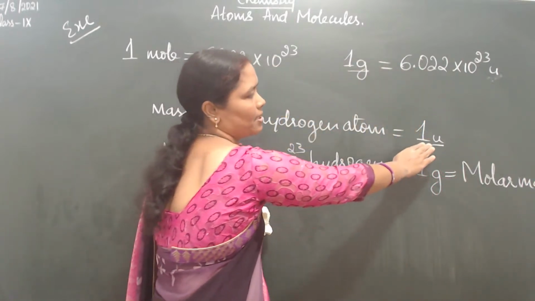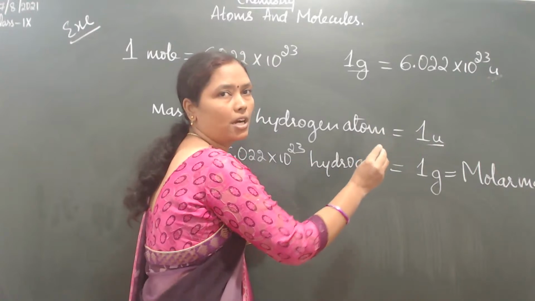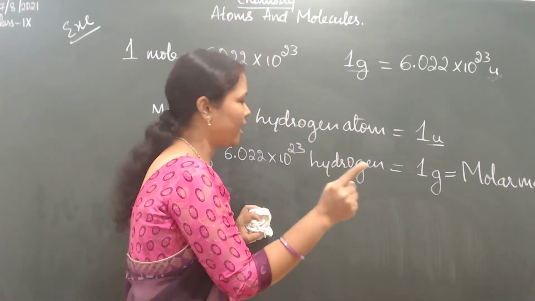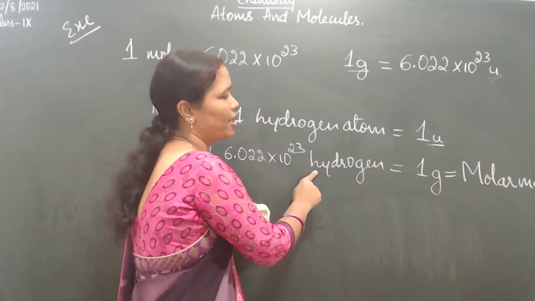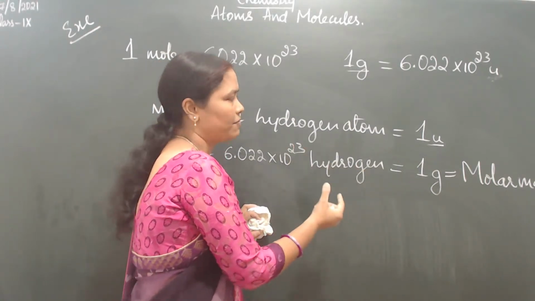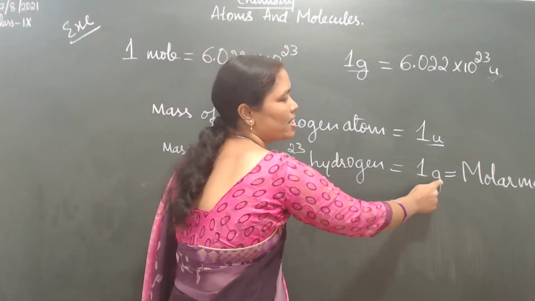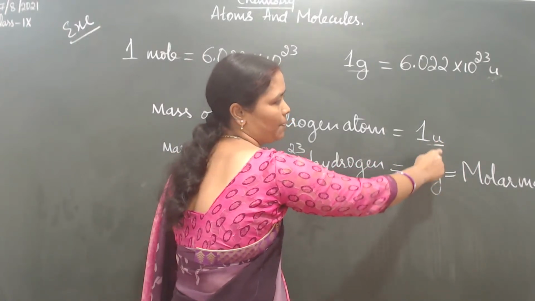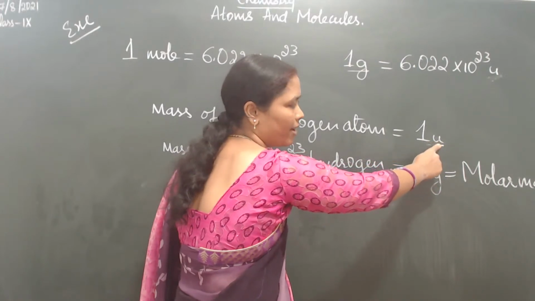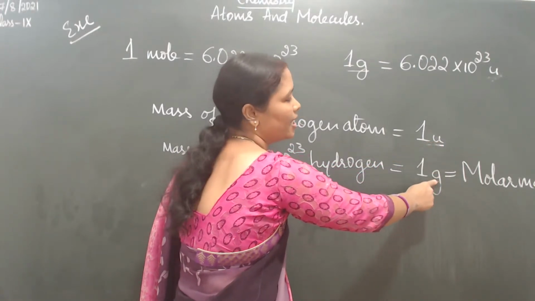This is the atomic mass of one hydrogen atom. But in 6.022 × 10^23 hydrogen atoms, how many grams are present? That is 1 gram. We have to change only this unit. Instead of writing the unified mass, we write gram.